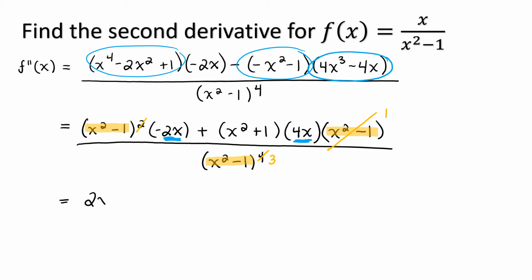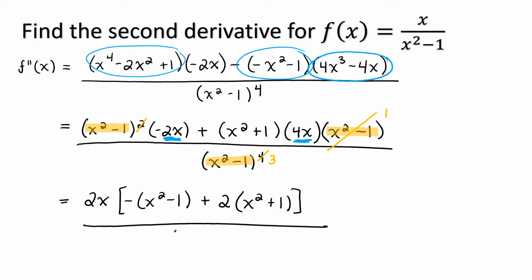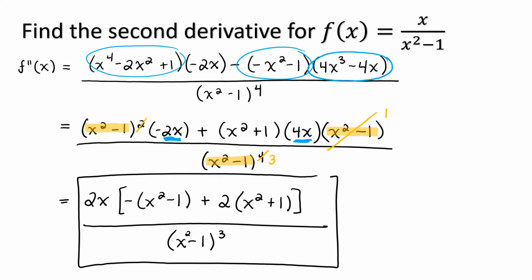So this will be equal to 2x times negative x squared minus 1 plus, if I factor out 2x, I'm left with just a 2 times x squared plus 1. And this will be all over x squared minus 1 to the third power. And this is the second derivative of x over x squared minus 1.